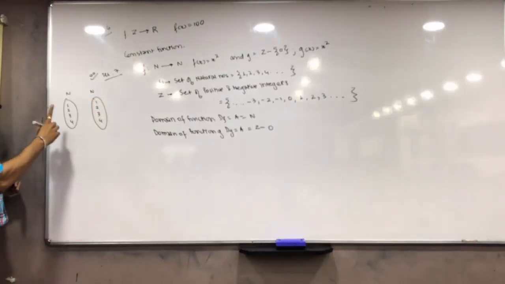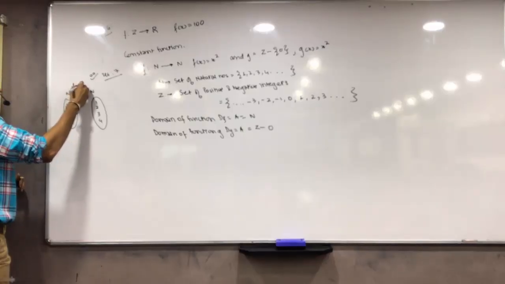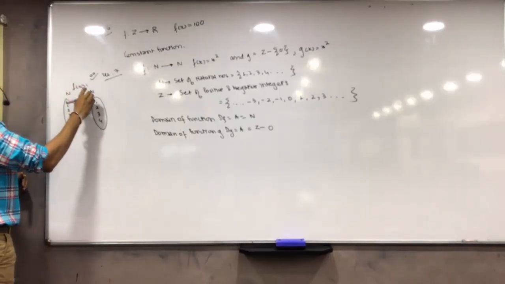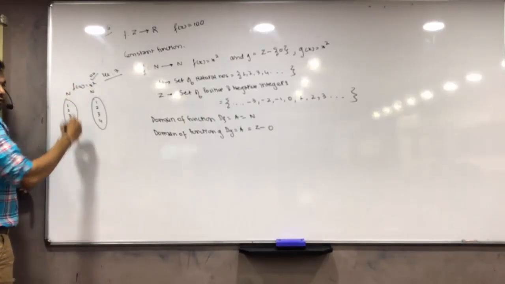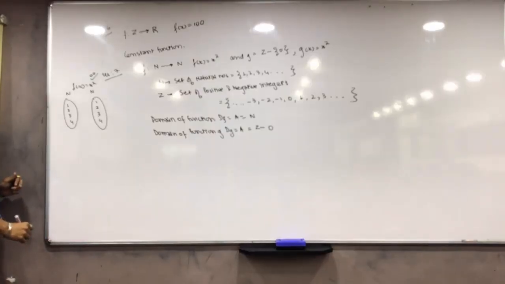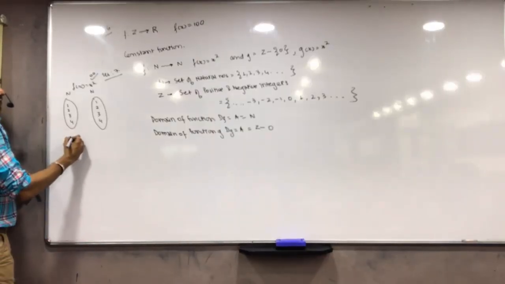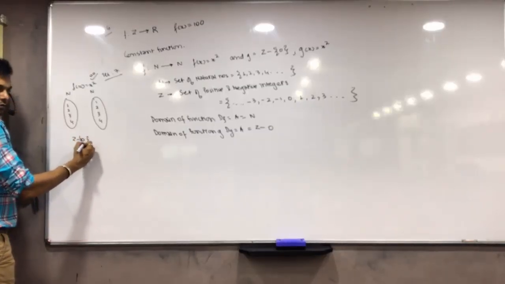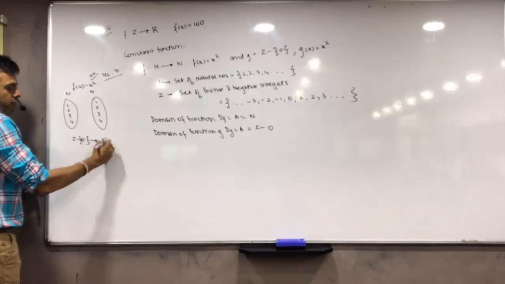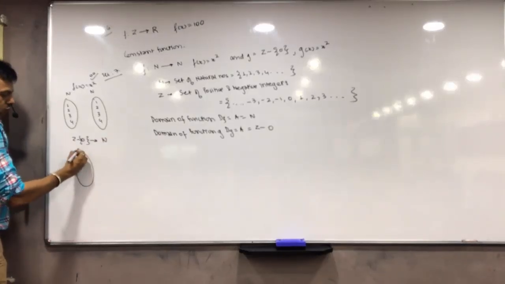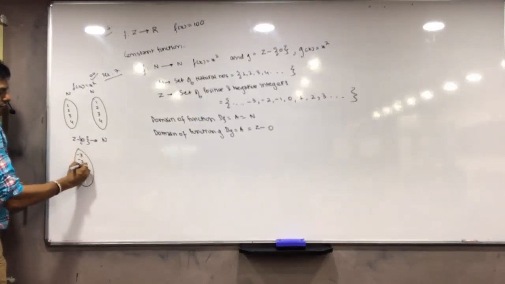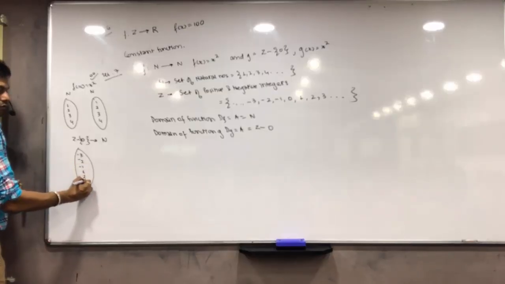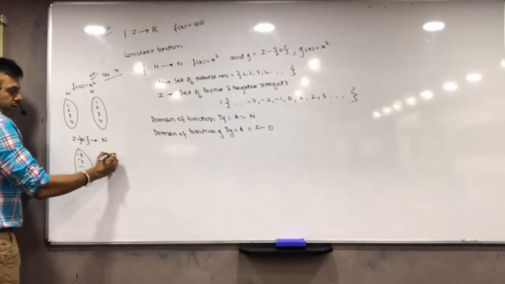Are they equal? This first, f of x is equal to x square, okay? The second, Z minus 0, given, Z minus 0 to again N. So here we have what? Minus 3, minus 2, minus 1, 1, 2, 3, goes on and on and on.